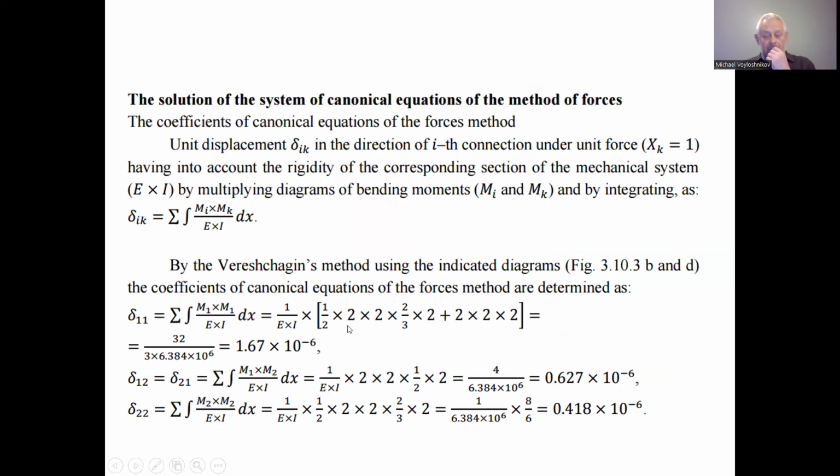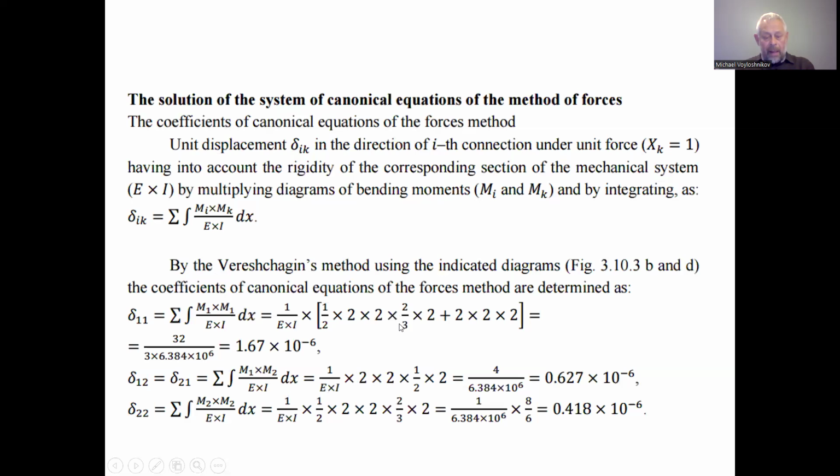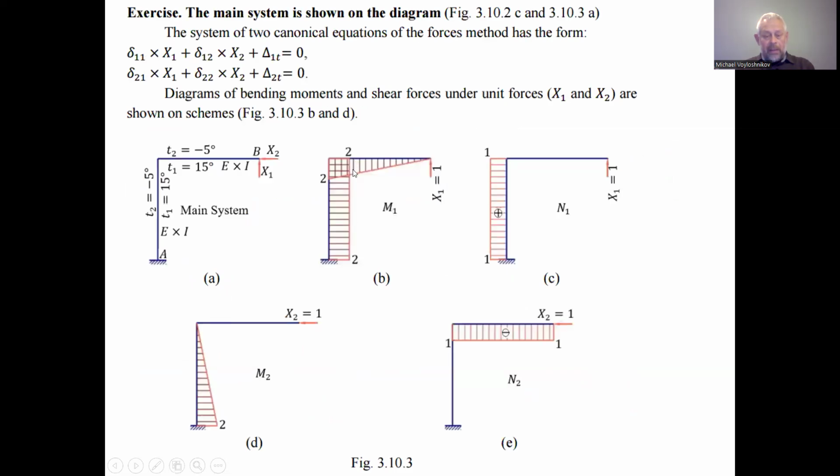So one half of 2 by 2 is the area of this triangle. The length 2, the height 2, and the area of the triangle 1/2 of 2 by 2. And 2 thirds by 2 is the maximum ordinate of this triangle, which corresponds to the location of the centroid of the triangle.